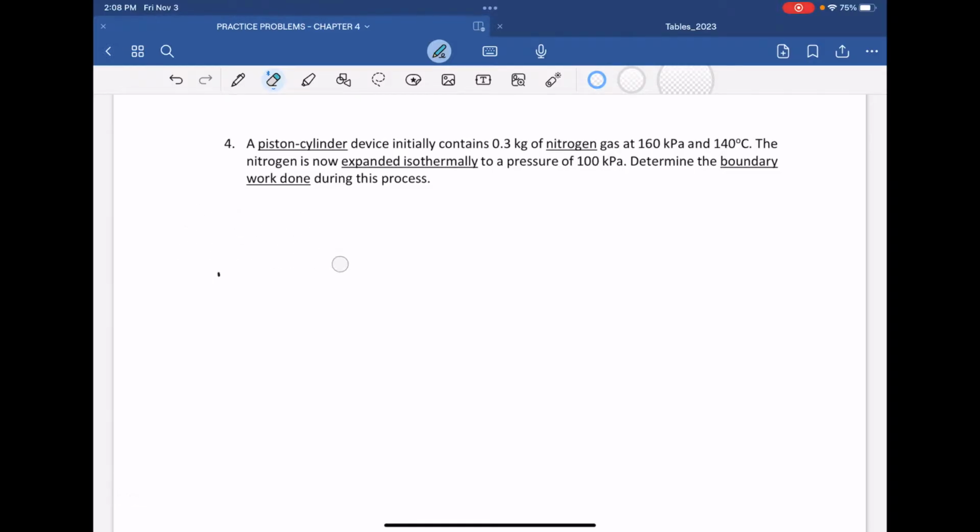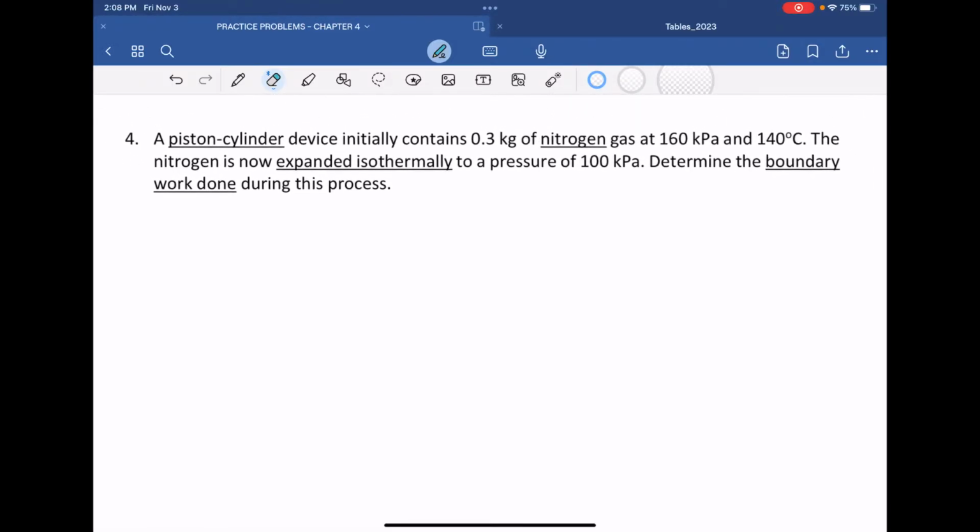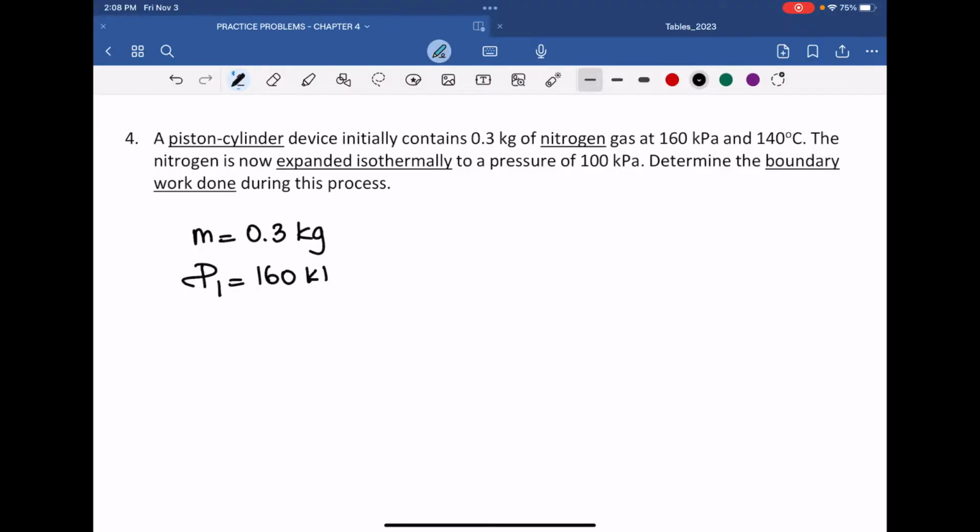Actually, wait a second, zoom in a little bit. It is important to write down clearly what is given, not to make any mistakes. For any question, I would always do that.